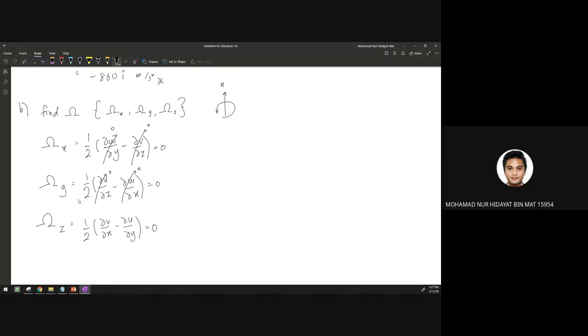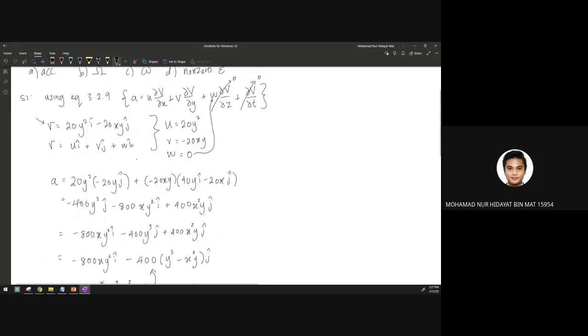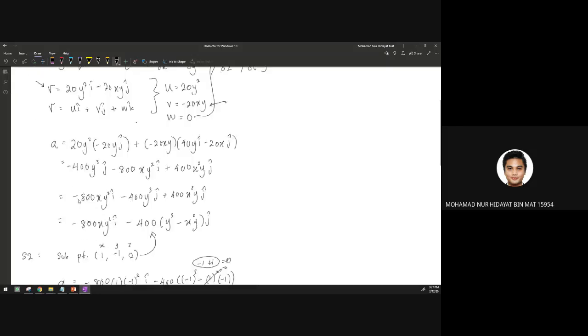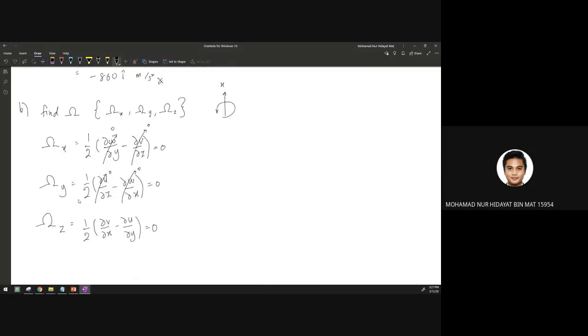We have the v component, the small v, and we have the u component. We have the position in x component, we have i, and y, we have v. So the angular velocity in z component is non-zero, so we have to solve this.